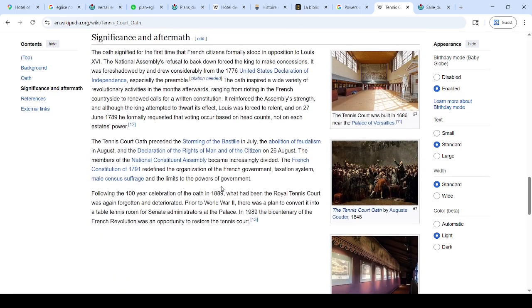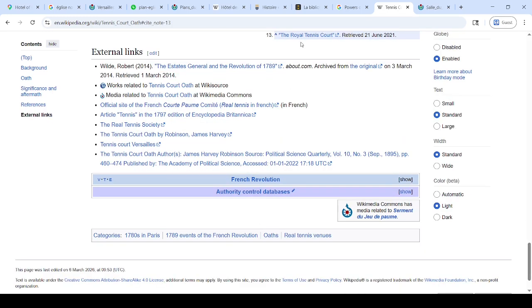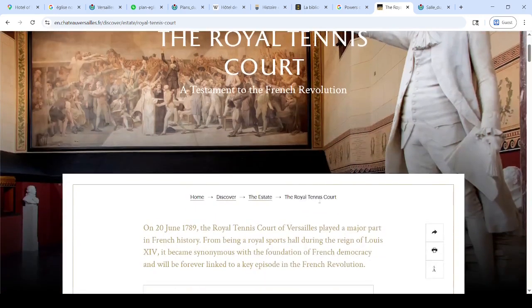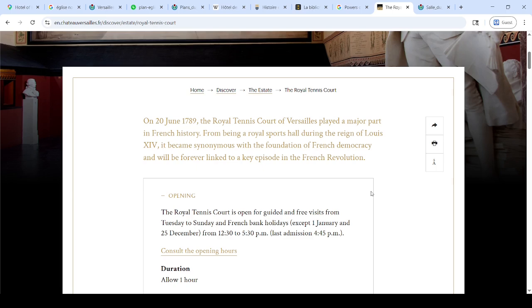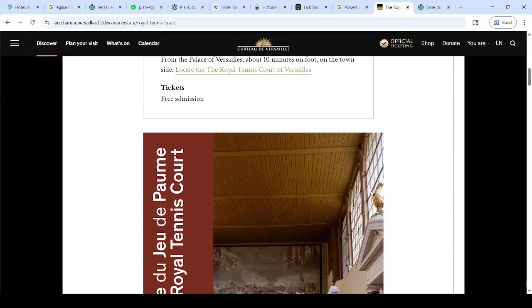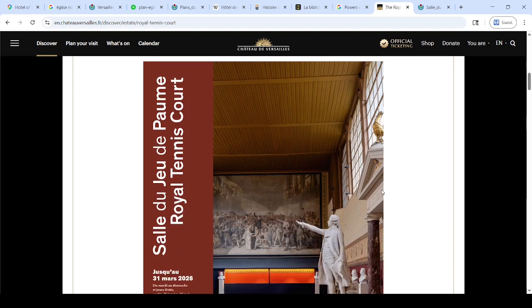And looking at the history, it's had periods of neglect. At the bicentenary in 1989, they restored the tennis court. Let's see more information about that. Back to the official website for Versailles. And talking about tours. Yep, another image of the inside.